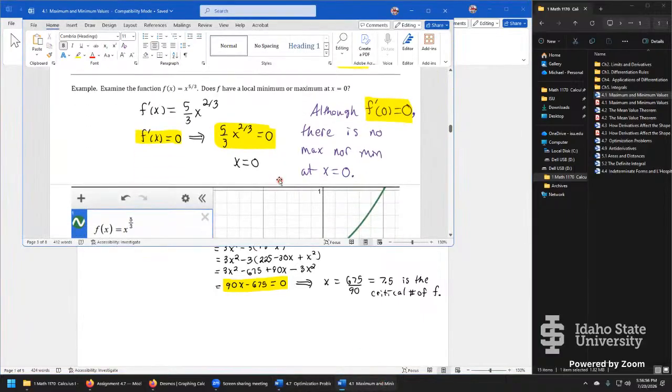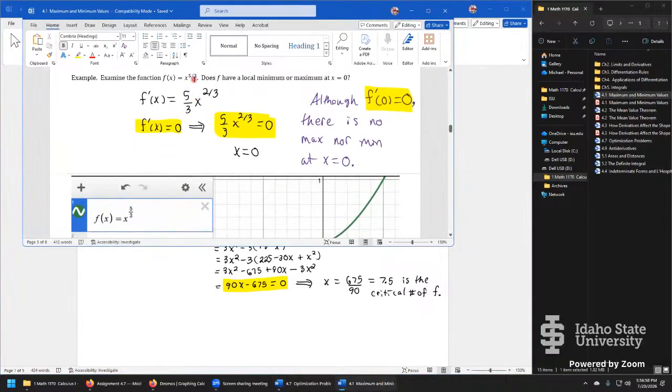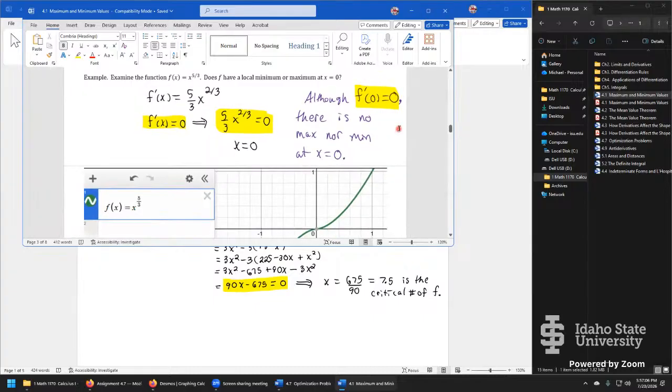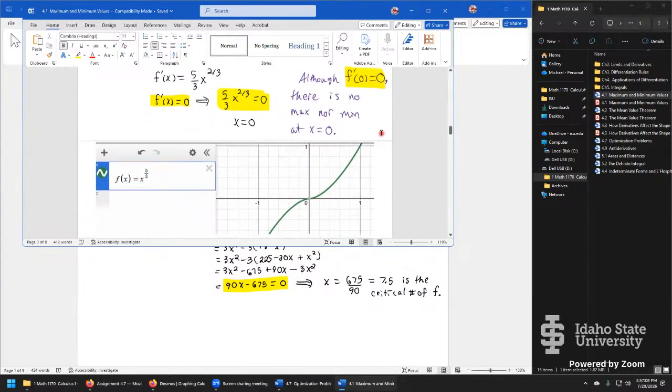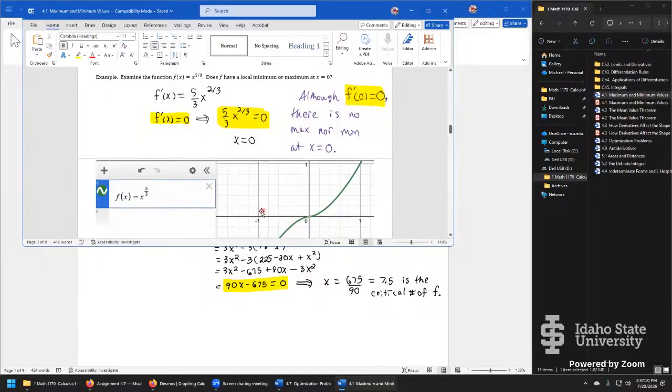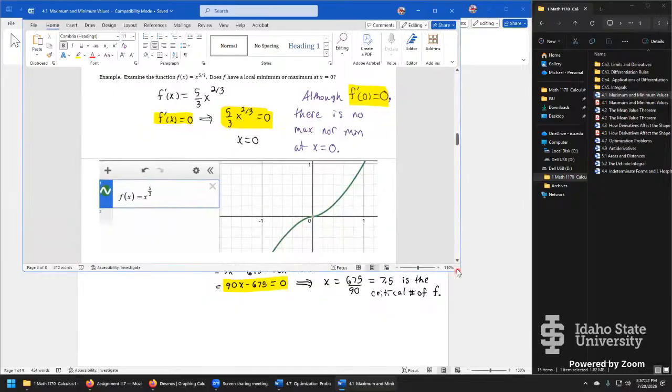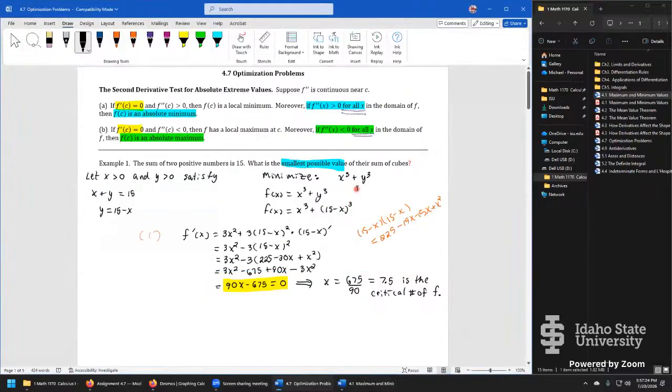And other times it might be neither. So in this function, we differentiated it, we set it to 0, we found the critical number is 0. So even though f prime at 0 is 0, this function doesn't have a maximum or minimum at all. So this one was really kind of surprising in this context of where we're at now. Just because we have a critical number doesn't mean we're done. Anything can happen, depends on the original function.